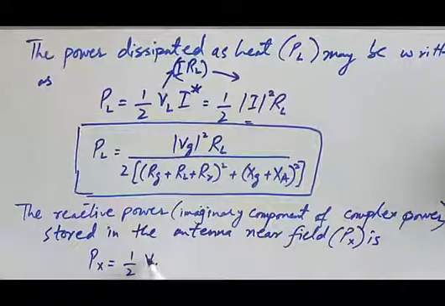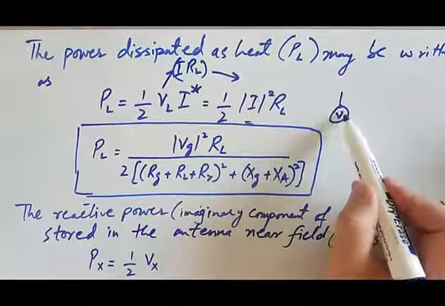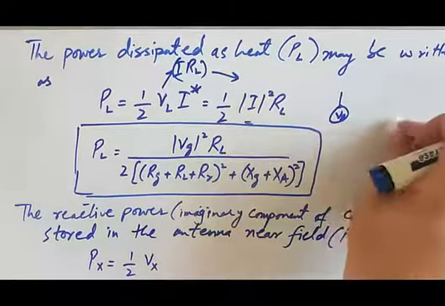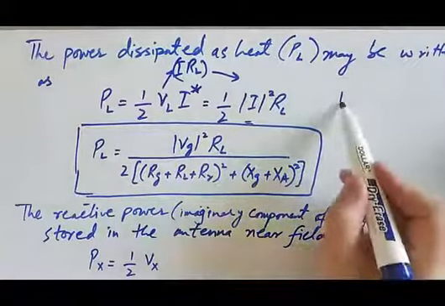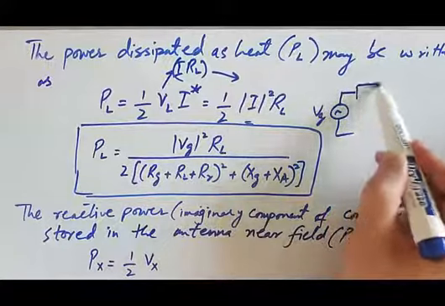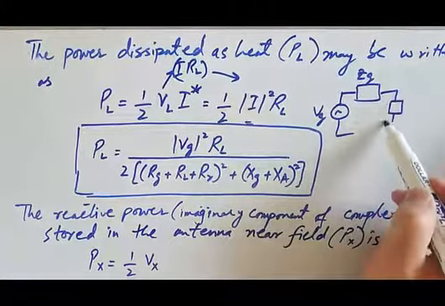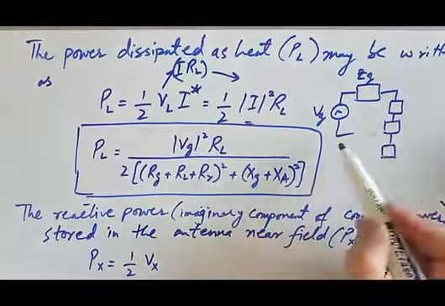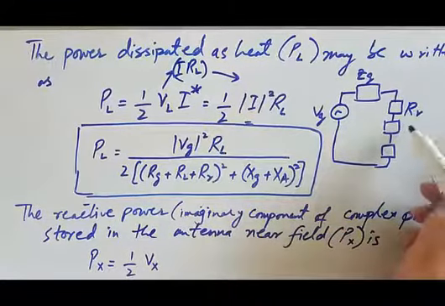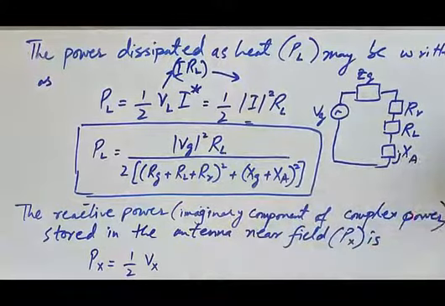Please remember, let me draw the circuit again to remind you that we had Vg, and then we had Zg, and then no transmission line, and then we had 3 components: RR, RL and jXA.